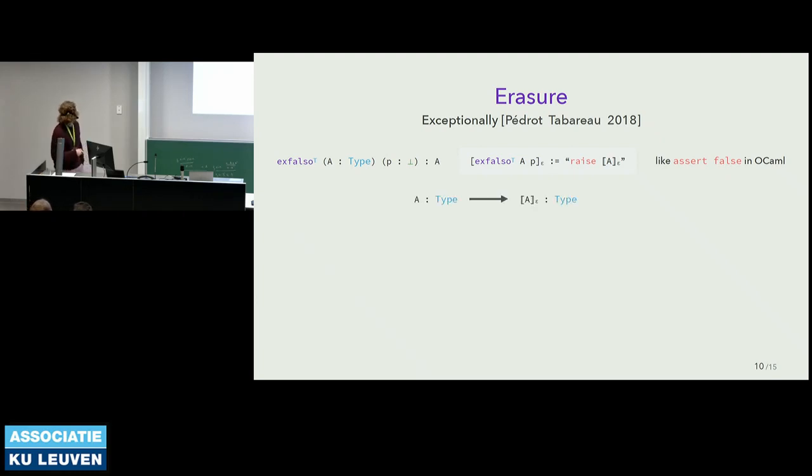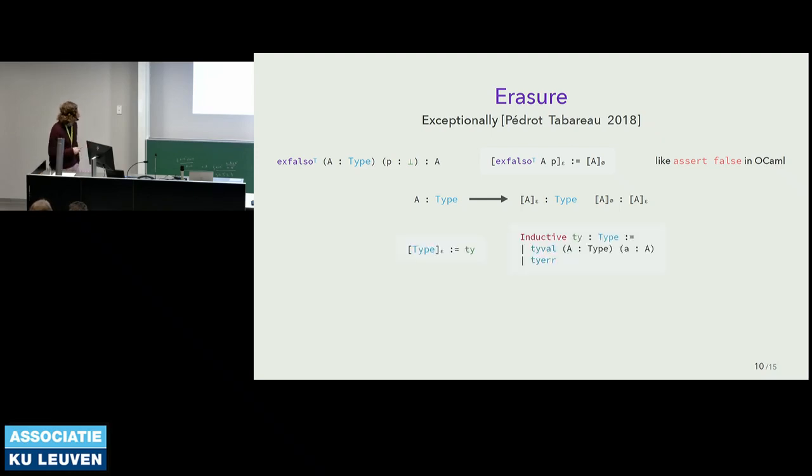And for this, I use the exceptional translation from Théo Winterhalter. And the type is no longer just translated to a type, but also to a point in this type. So suddenly everyone becomes inhabited. And then I just use that special point, which is the exception, to inhabit my X file.